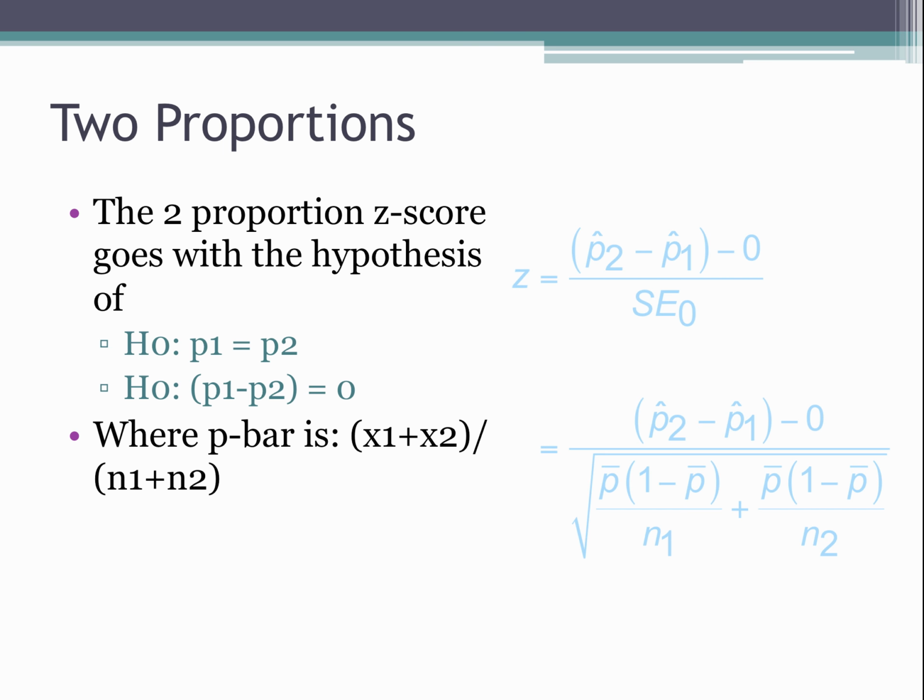See here, we have P2 minus P1 in parentheses. We could call that p hat, the difference of the two proportions, and we could compare it to 0. But instead, of course, of using a standard error associated with 0, what we'll utilize is what's called a pooled standard error, or the average standard error from our observed proportions.